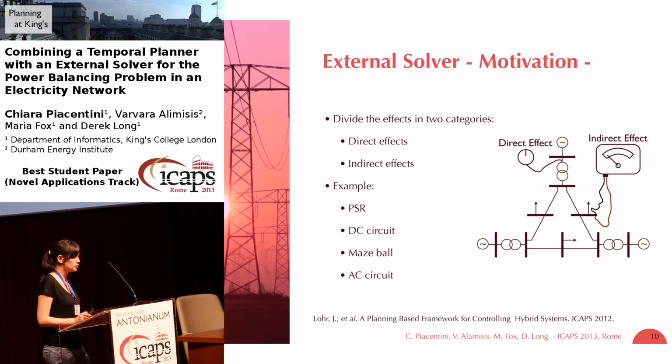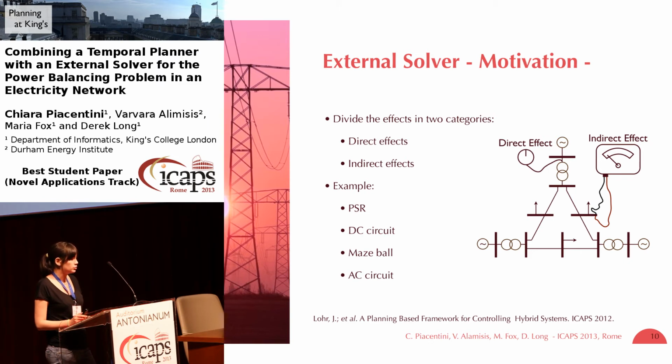So the approach that we use is to recognize that there are two different levels of effects. We have the direct effect and the indirect effect. In our example, the direct effect is the change of the tap level of the transformer, and this implies a change in the voltage of the busbar.